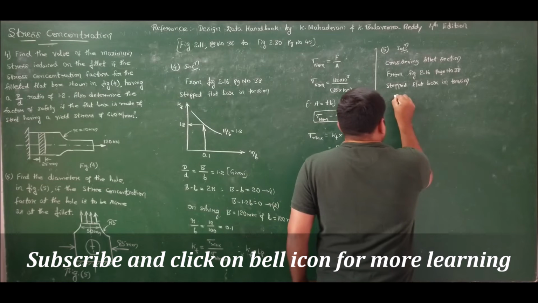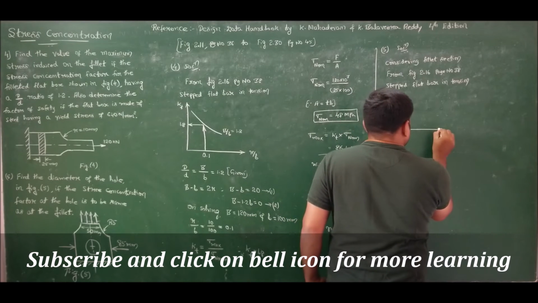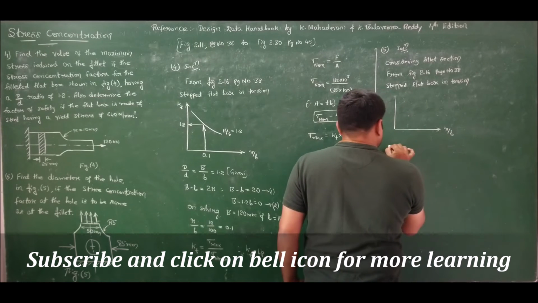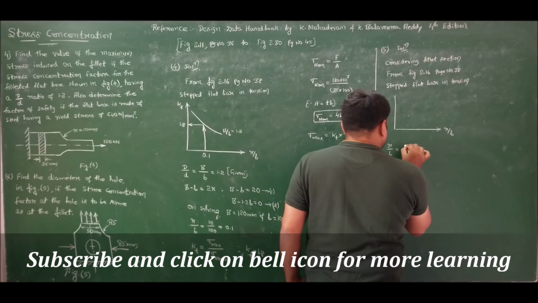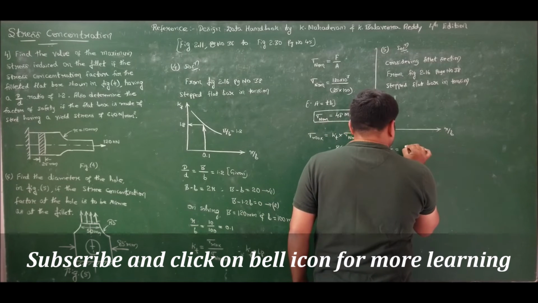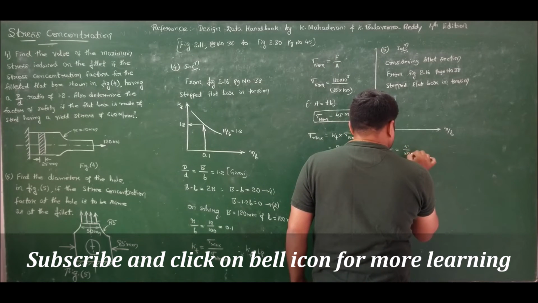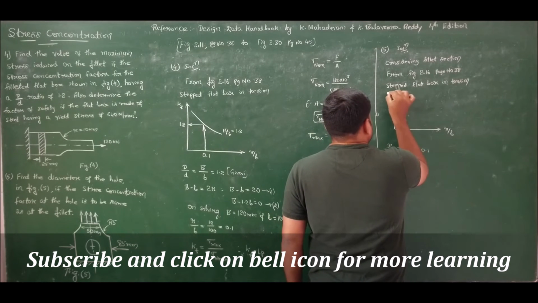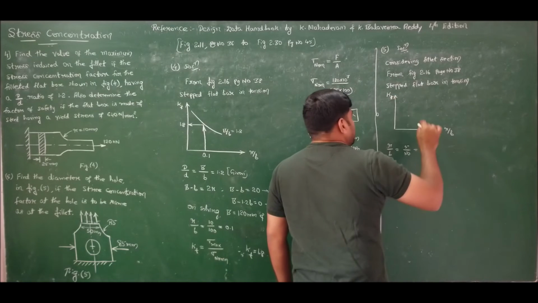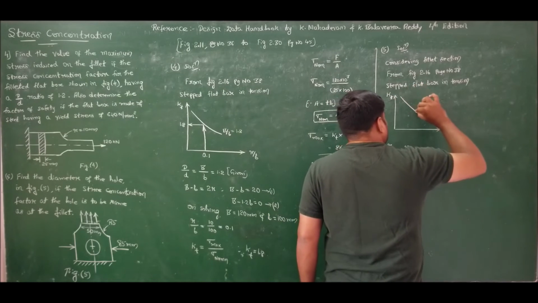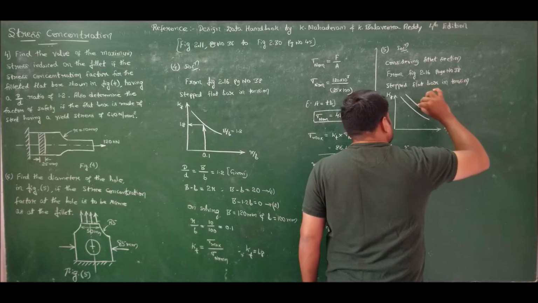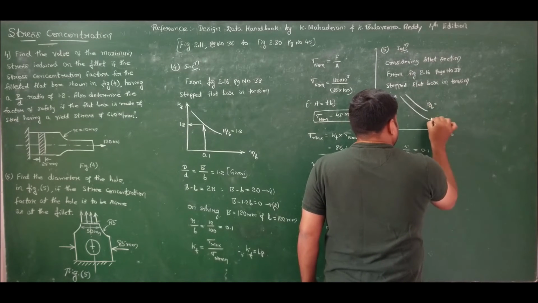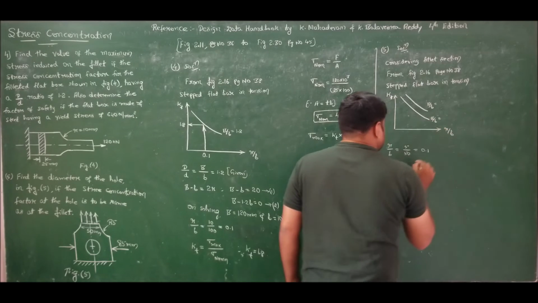Comparing with that figure, on the x-axis we have R by B. The value of R by B is 5 by 50, which is 0.1, and the y-axis is the theoretical stress concentration factor Kt, and we have curves of capital B by small b.